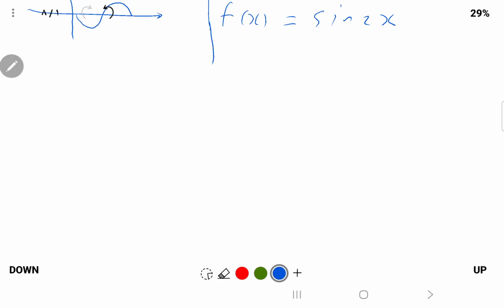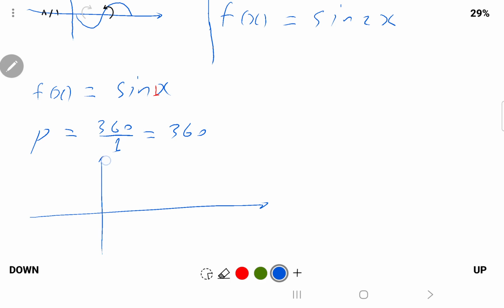So for example, if you have f(x) is equal to sine x, here the coefficient of x is 1, and the period of the function is equal to 360 divided by this number, by 1, and then you get 360. So in this case the graph must be from 0 to 360.